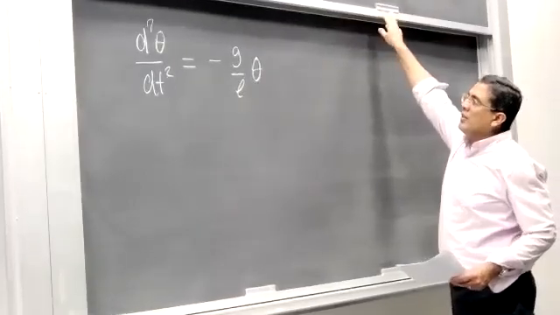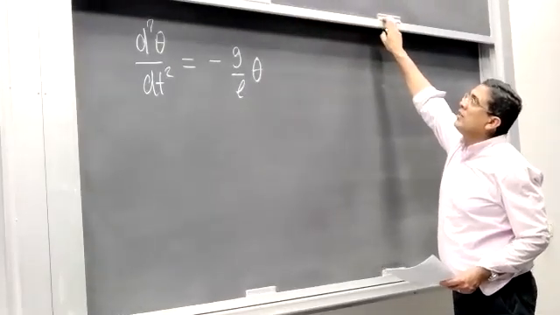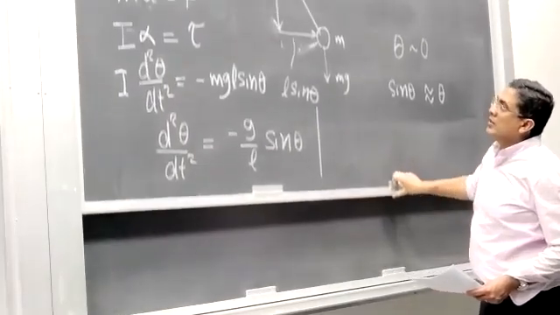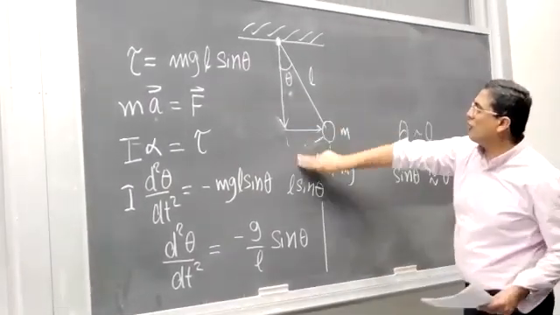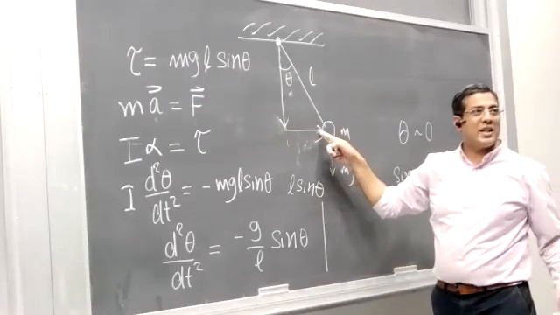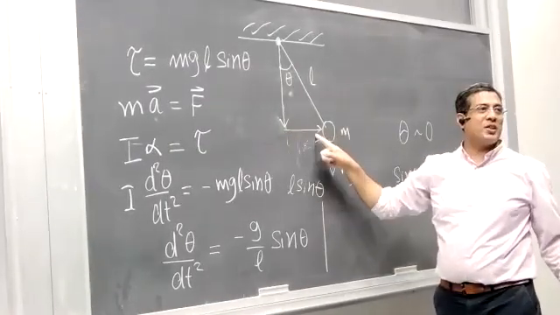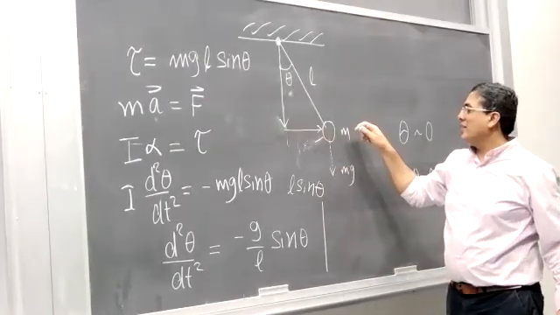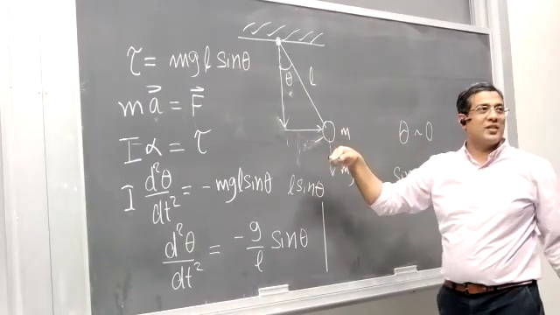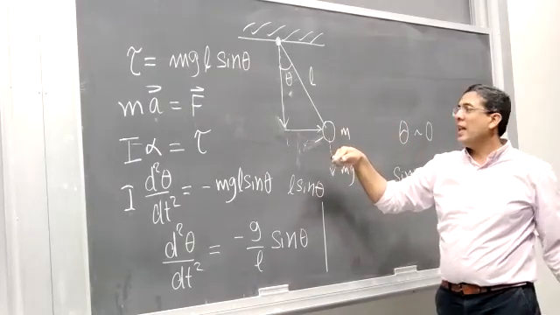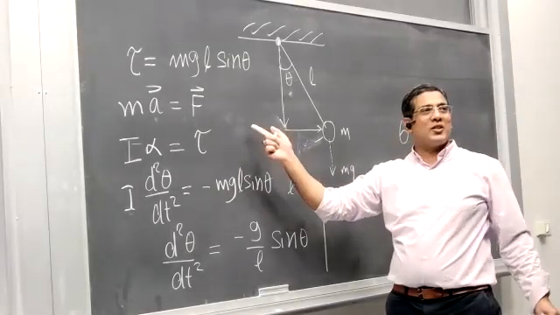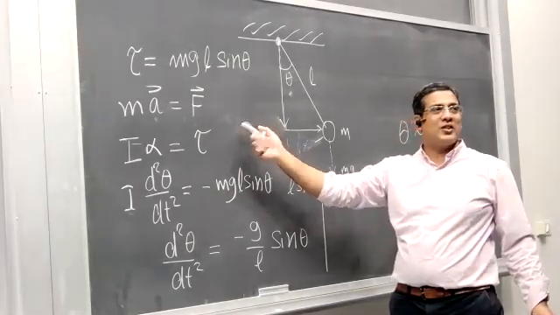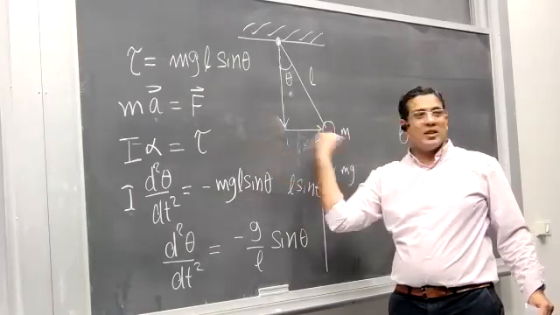Sir, can you explain the minus sign that you gave with the minus mg sine theta over L? The minus sign is only to explain that if you are on the right side of the equilibrium position, the torque is pointing so the motion is in this direction, and when you are on the other side, the motion is on that side.